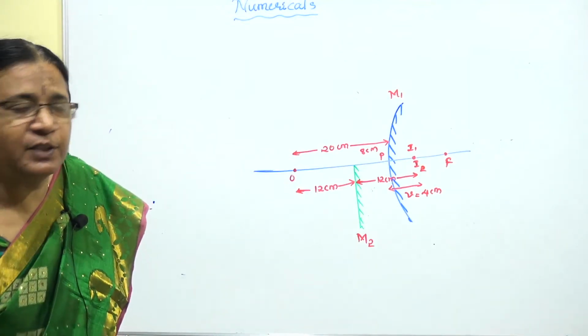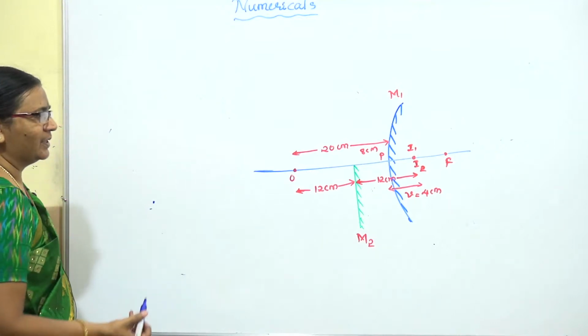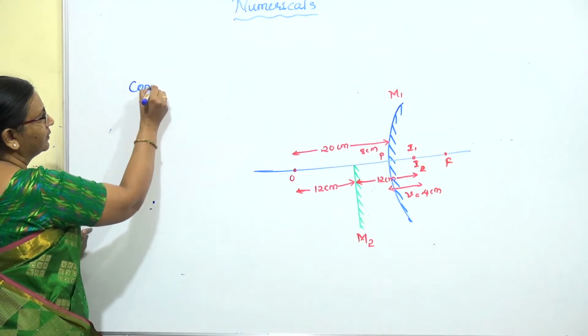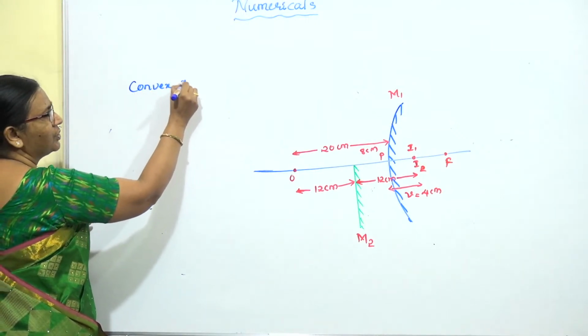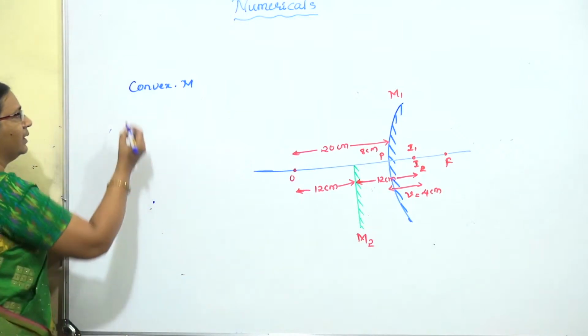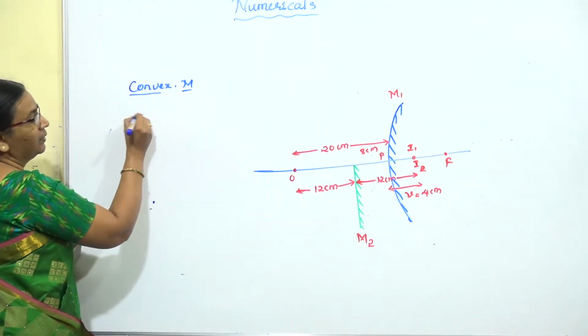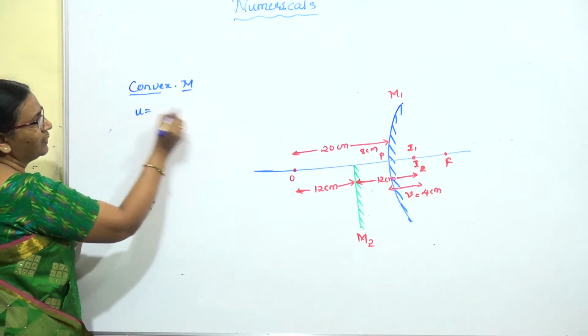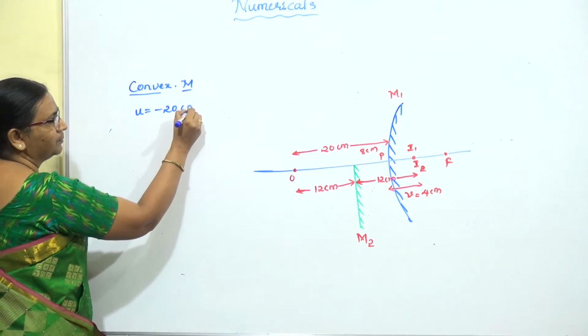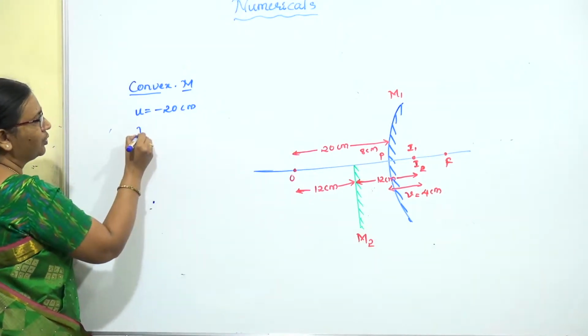Now, easily you can finish off yourself, I think, because you know the object distance. What is the object distance for the convex mirror? We are working only for the convex mirror because the question is to find the focal length of the convex mirror. So U is how much with respect to the convex surface? Minus 20, always negative. Whereas V is how much you got?